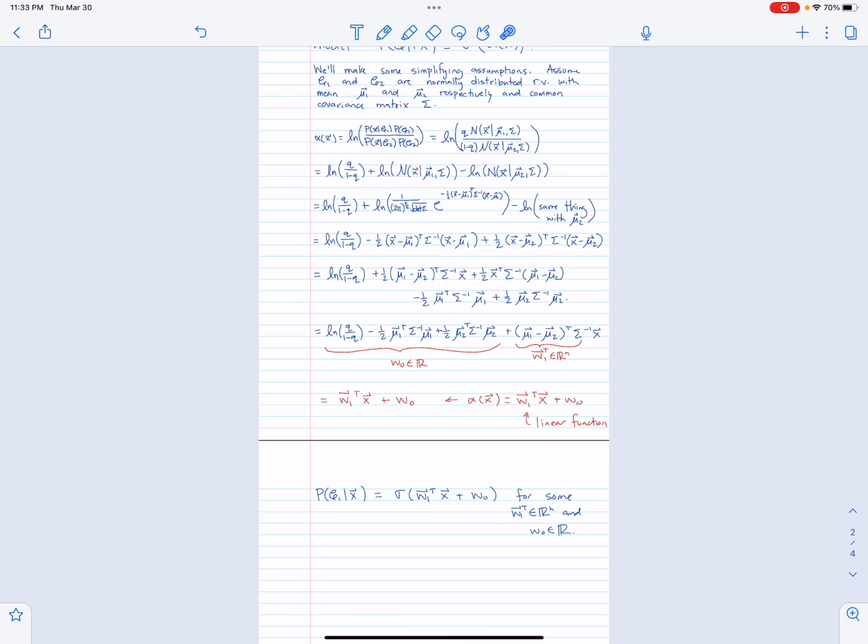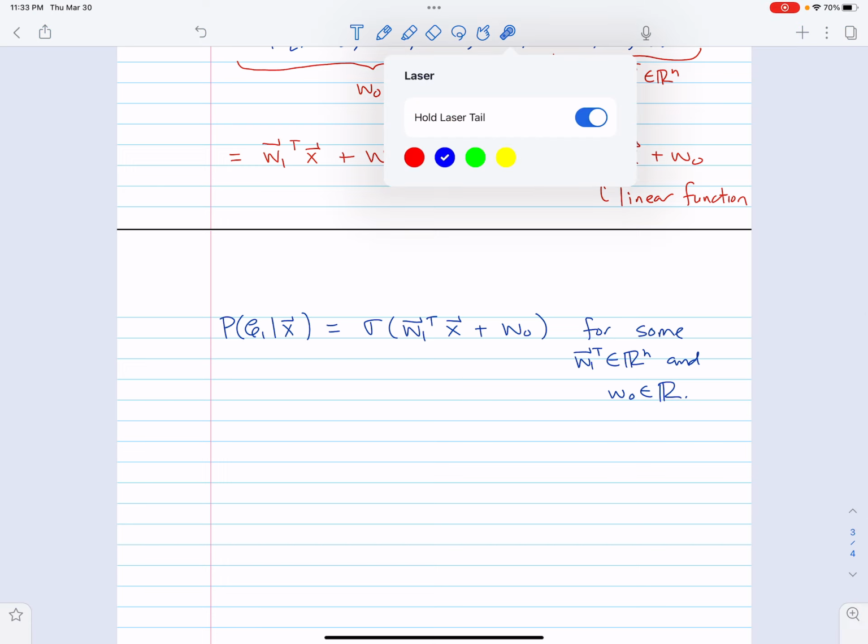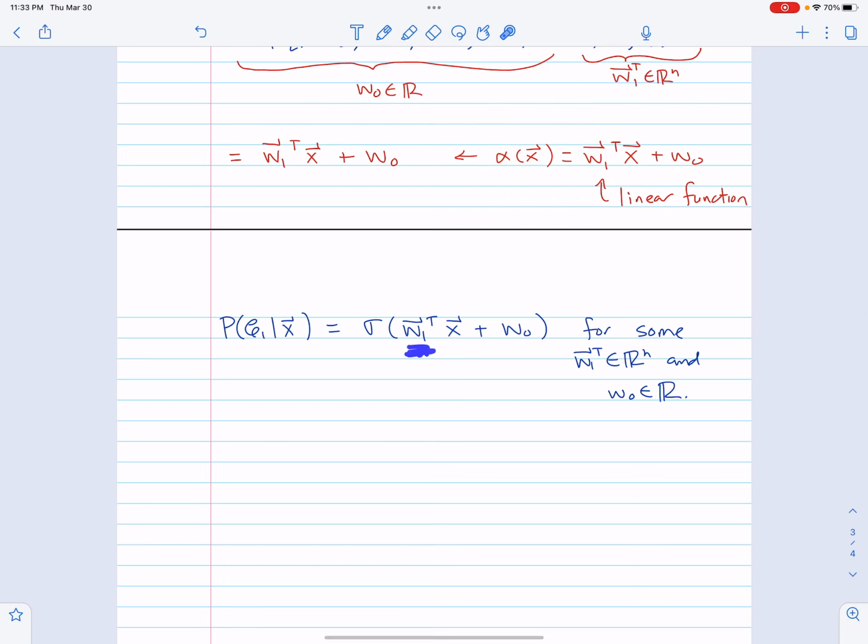Now, it's a little bit of a pain to have to write down W1 x W0 all the time. So what we're going to do is change the notation slightly, just to make our lives a little bit easier. We're just going to build everything together.